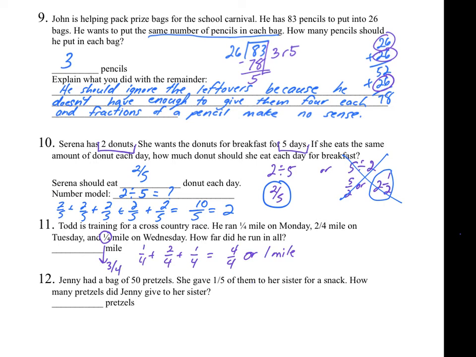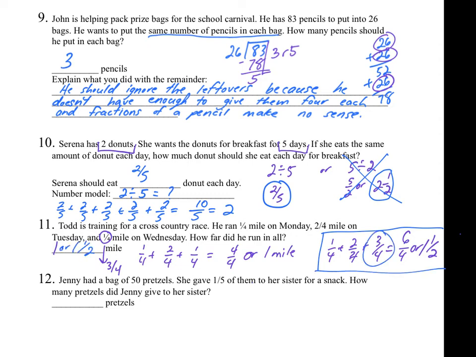So if that's the case for your review sheet, that's going to change our answer a little bit. That will give us 1/4 plus 2/4 plus 3/4, which is 6/4, or 1.5. But for this problem written here, it would be 1 mile. And if you have the other review copy where it's 3/4, it would be 1.5 miles.